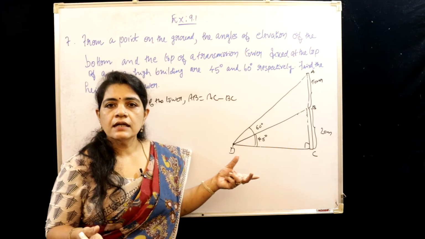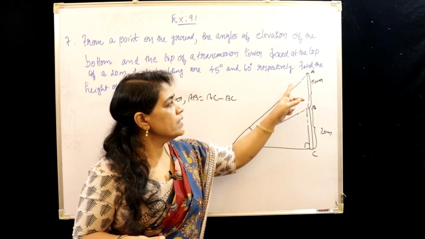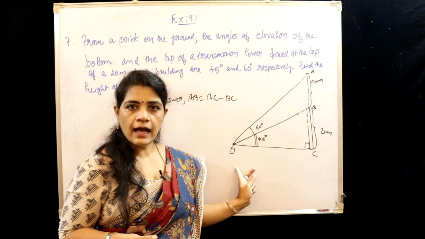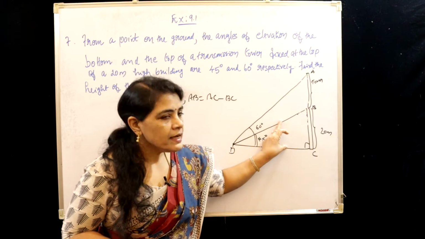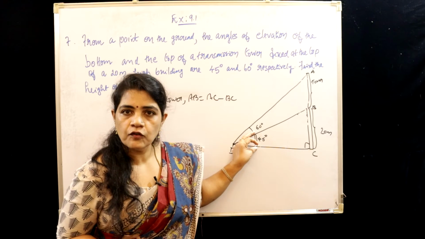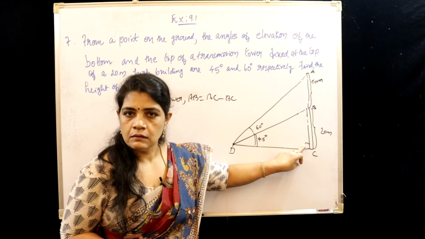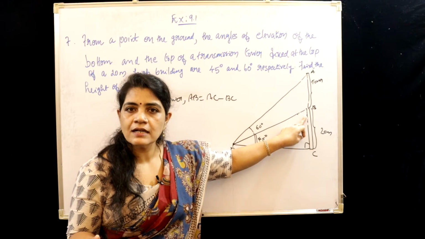And see, children, you can see here two right triangles. One is the big right triangle ACD and the other is BCD. See, here in BCD, the angle of elevation, this acute angle, is 45°. This is 90°. So what will be this angle? This angle will be 45° because of the angle sum property.